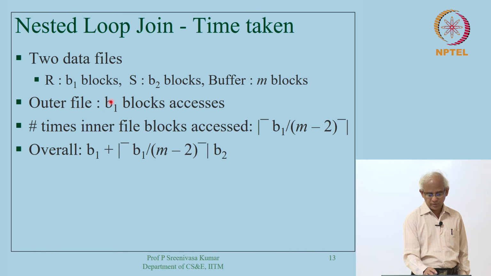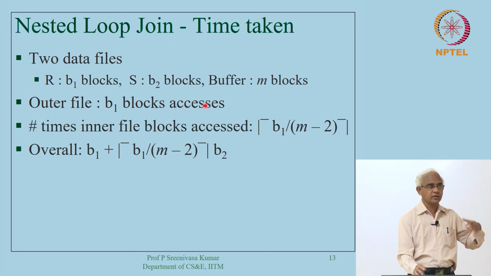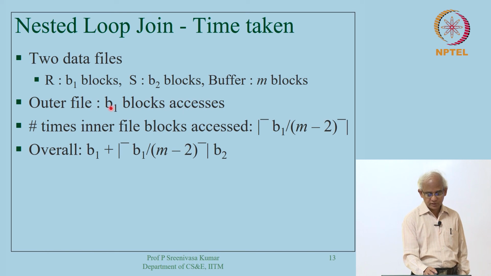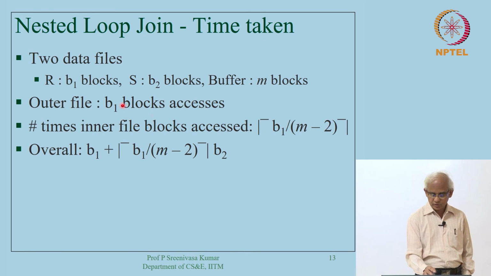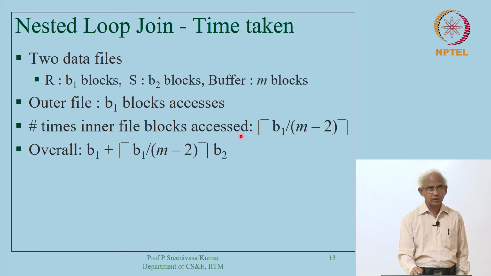So the outer file has B1 block accesses, because you have to read the entire outer file, but we will read them in chunks of M minus 2 blocks at a time. Whenever we read M minus 2 blocks of the outer file, we will read the entire inner file, S.